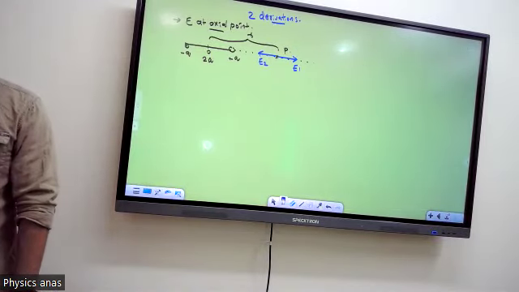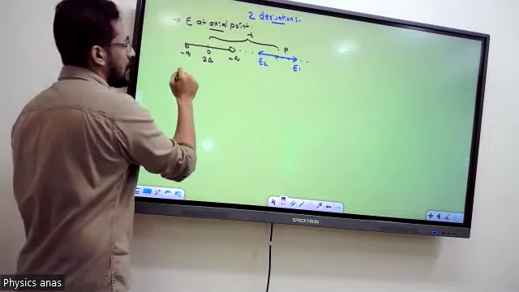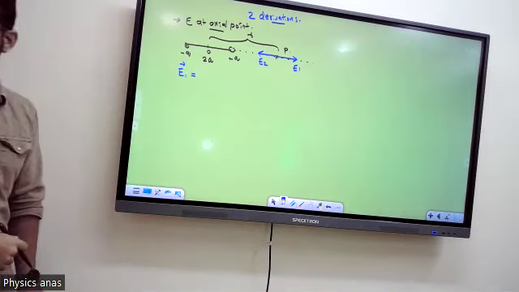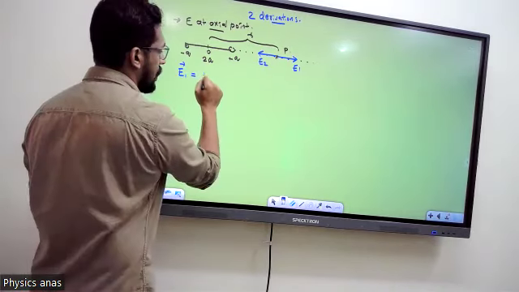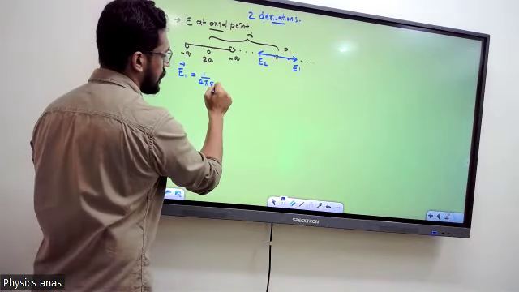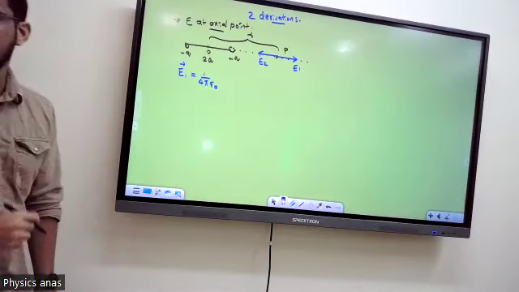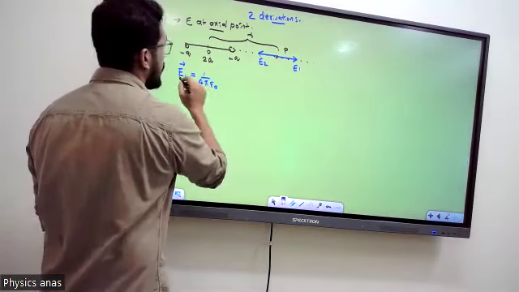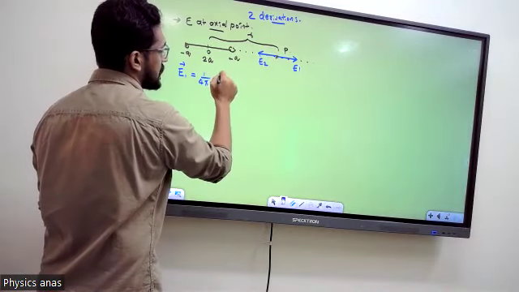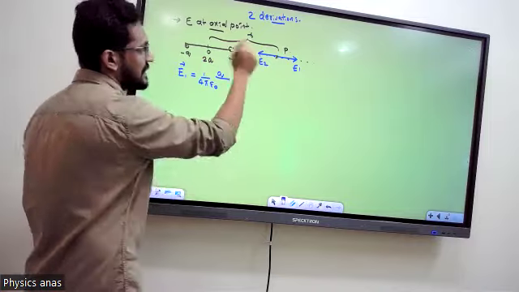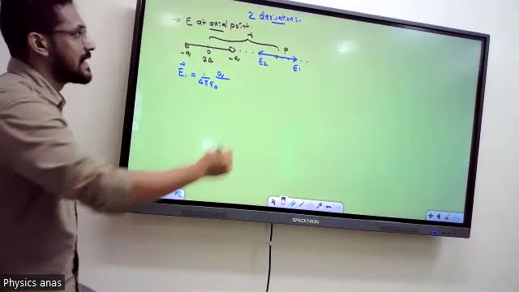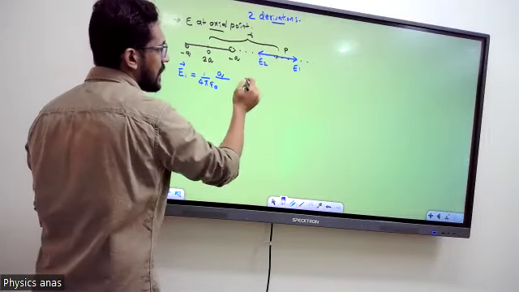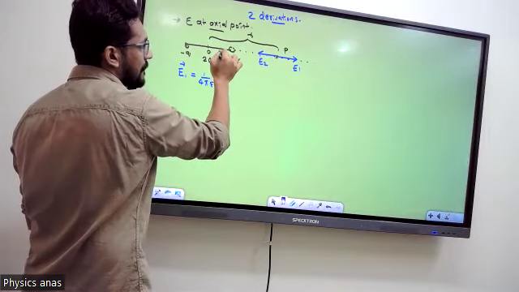You can write the equation for E1 and E2. What is the equation for E1? 1 by 4 pi epsilon naught, charge by distance square. E1 is produced by the positive charge, so Q divided by distance square. The whole distance is r, but from Q to P it's r minus a.